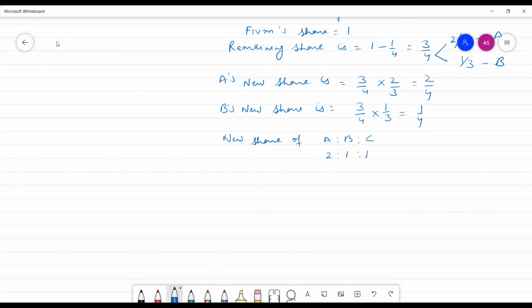The capital of A and B is the capital given above after all adjustments, whether related to premium for goodwill or revaluation of assets and liabilities.